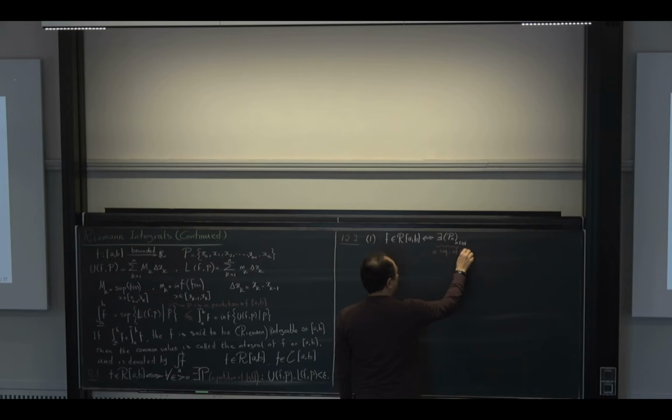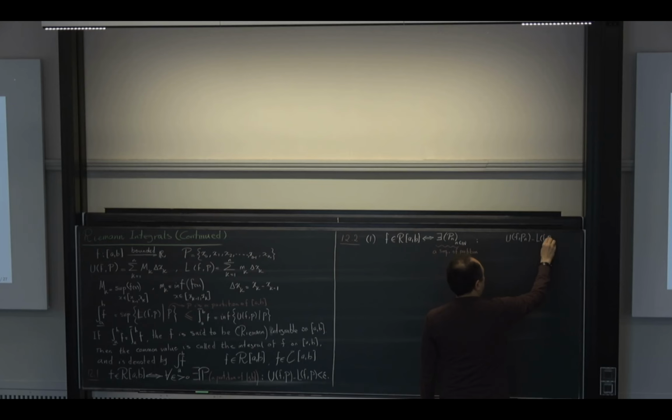So f belongs to R if and only if you can come up with any sequence of partitions, not necessarily regular ones, such that when you calculate this for any term of the sequence, this becomes a sequence of numbers, because this is a number, and that's a number.